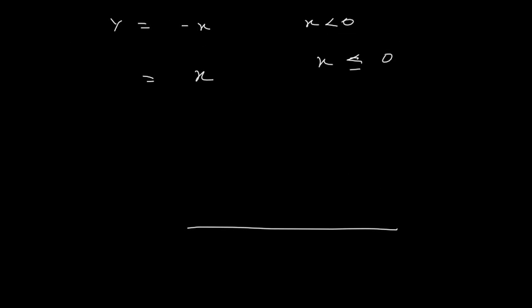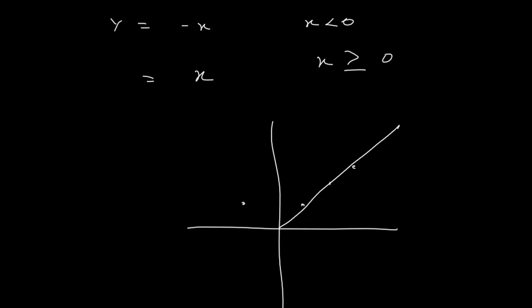Now if you plot the graph, when the value of x is 1, you will get y is 1. When x is 0, you will get y is 0. When x is 2, you will get y is equal to 2. So something like this you will get on this side, for x greater than or equal to 0. On the reverse side, when x is less than 0, for minus 1 it is minus of minus 1, which becomes plus 1.